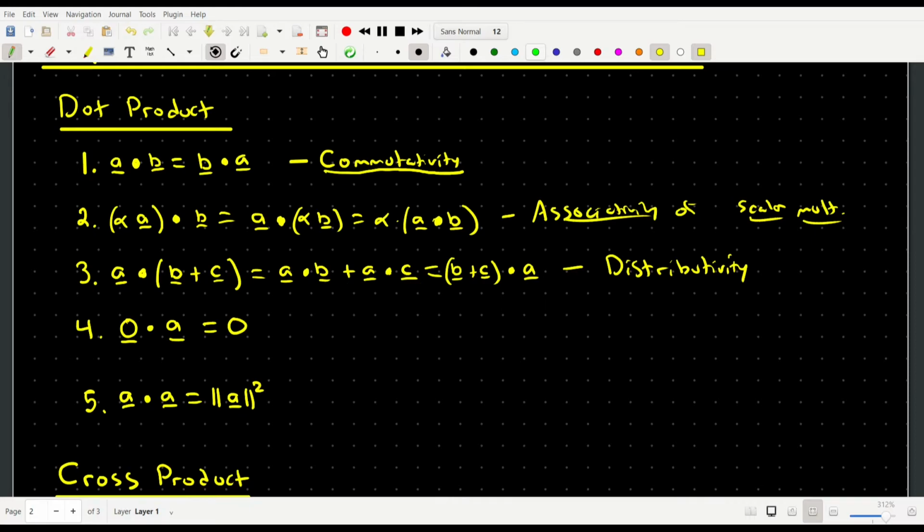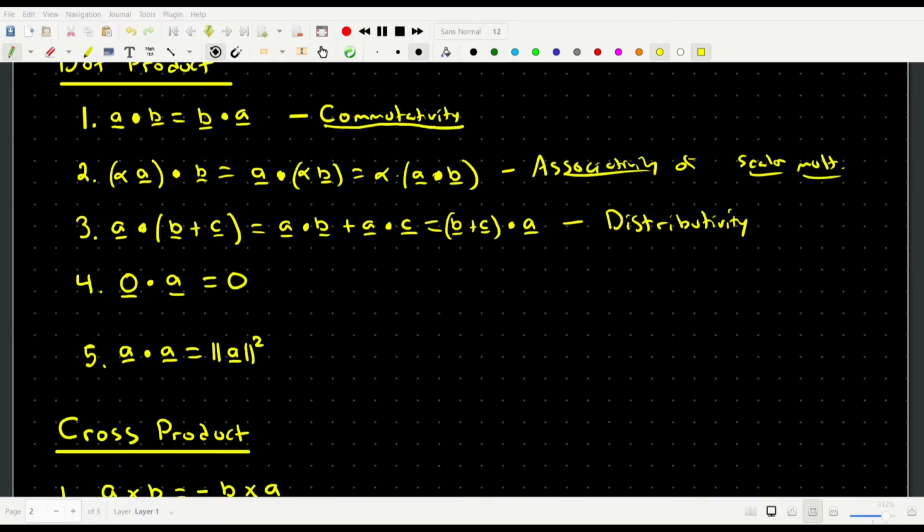So oftentimes in mathematics you have different properties for different operations. But these three are the most basic algebraically useful properties that you always see used. We even used the associativity the other day when we were pulling out a constant from the dot product with projections. So this is very, very important.